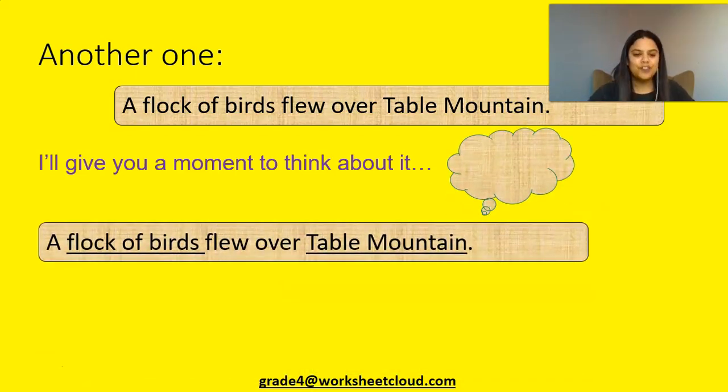Right, a flock of birds flew over Table Mountain. My two nouns are underlined for me. And for you, flock of birds, Table Mountain. Very good. But what kind of nouns are they? I'll give you a few seconds to write that down, or again, shout it out to your computer and we'll see if you are right.